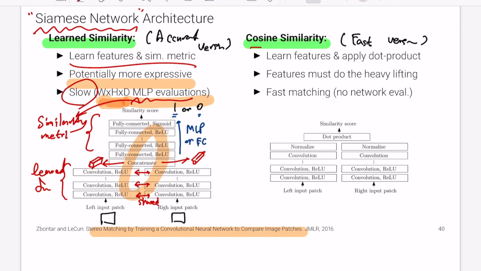In the cosine similarity case, or the fast version, however, given two patches, left patches and right patches, they just extract the feature vectors independently with a shared network.